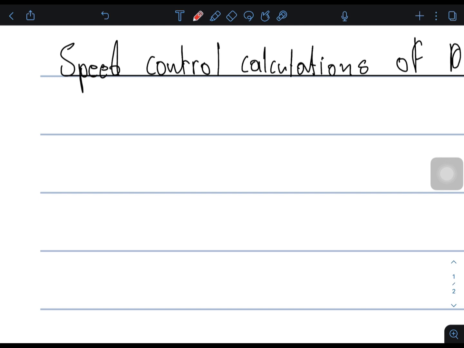So the first two formulas that are very important in this calculation: E1 over E2 is equal to flux 1 N1 over flux 2 N2.